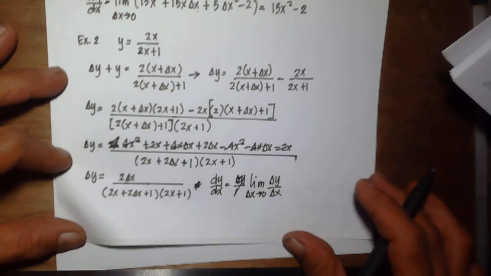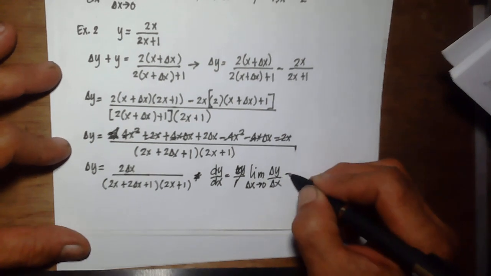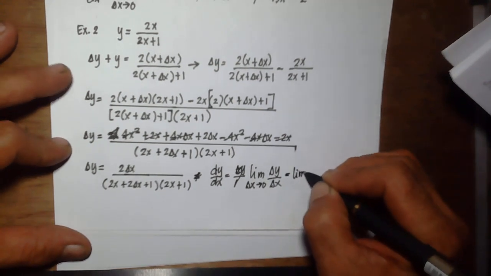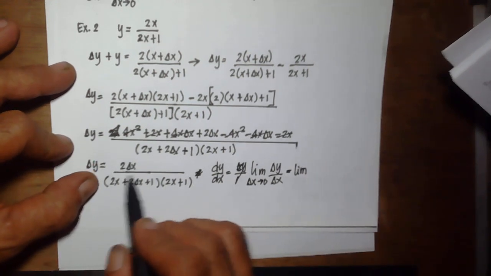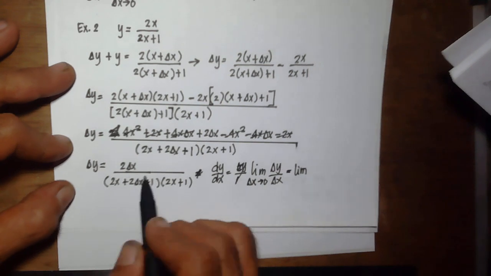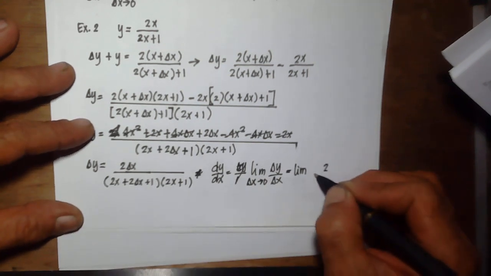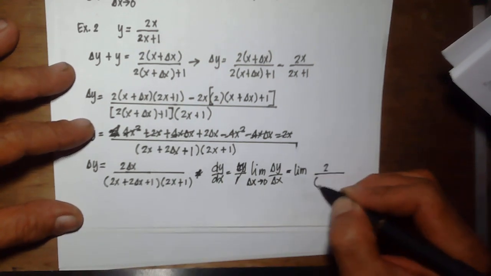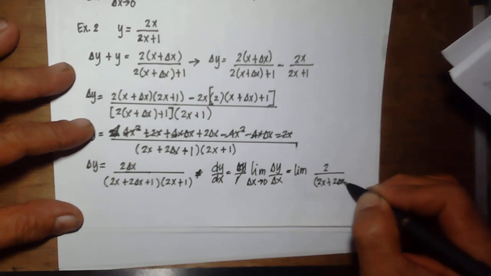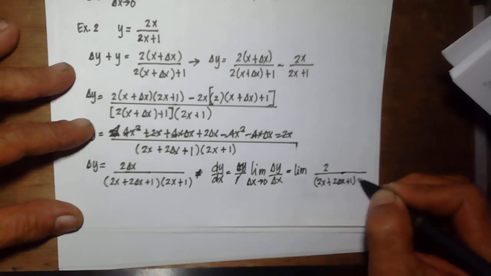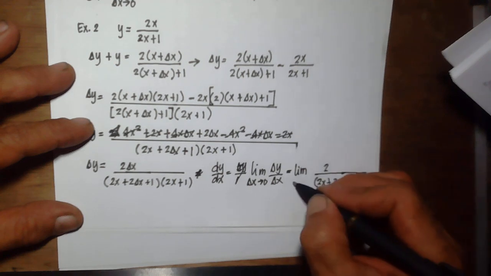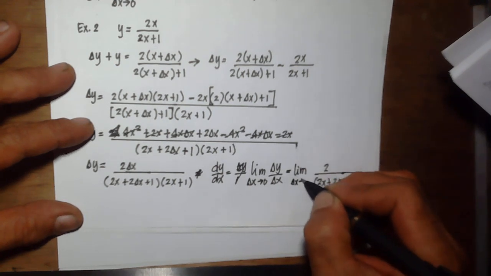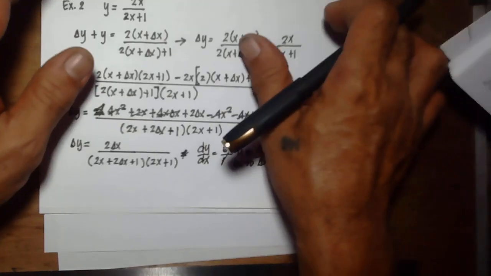And since we have delta y over delta x, as if we are going to divide both sides of the equation by delta x, we end up with 2 over 2x plus 2 delta x plus 1 times 2x plus 1. So we are running out of space here. Anyway, we're about to finish.